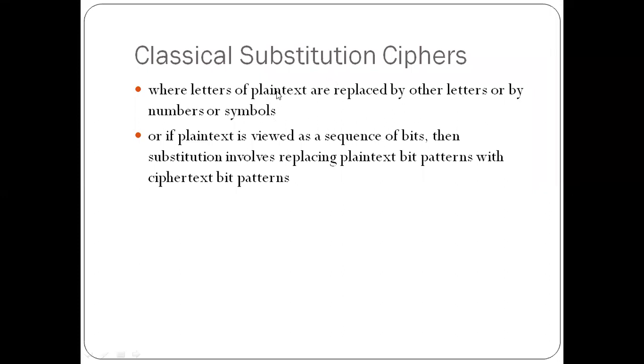Very simple, जो plain text दिया हुआ है उसको आप कोई और लेटर से या कोई और नंबर से या कोई और सिंबल से रिप्लेस कर दोगे, ठीक है। Or if plain text is viewed as a sequence of bits, then the substitution involves replacing the plain text bit patterns with ciphertext bit patterns। ठीक है, तो क्लासिकल सब्स्टिट्यूशन सिफर्स में एक बार फिर से बोल रहा हूं, आपके पास जो प्लेन टेक्स्ट है, सपोज A है और A को आप कोई और नंबर से रिप्लेस कर दो, Z से रिप्लेस कर दो, B को C से, लाइक दैट, देयर विल बी ए वे ऑफ रिप्लेसिंग द टेक्स्ट। That is the classical substitution ciphers.